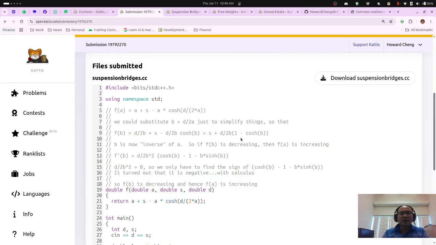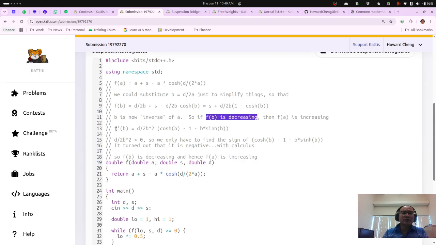So if I want to show that f of a is increasing, I actually want to show that f of b is decreasing. Then I take the derivative, using the product rule and a little knowledge about the derivative of hyperbolic cosine, and it turns out like this. Because this part is positive, we only need to figure out the sign of this part. You can show that this part is negative with calculus.